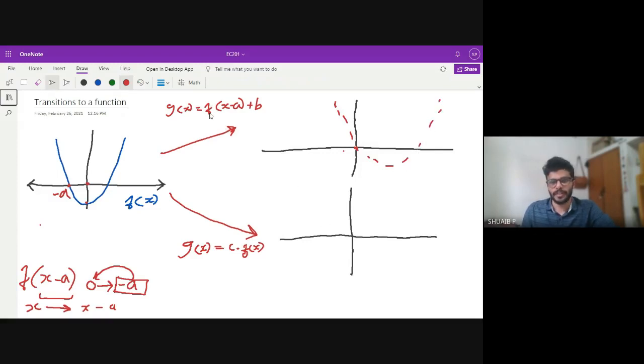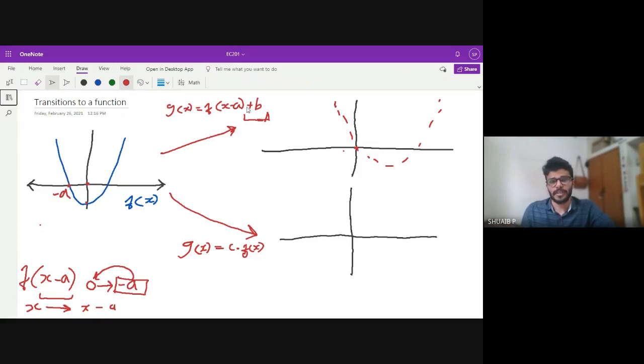And now if you think of applying this part, adding a constant to the function f of x minus a, this will essentially be transforming the function along the y-axis, as it's applied onto the f of x value.